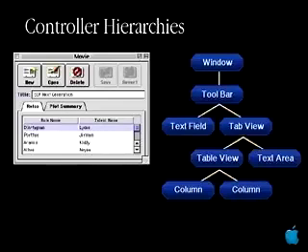If you take a look at this window here, you see that there's a toolbar in there. It has a text field and a tab view with two views in it. And so the root controller for a window like this would be a window controller. Right? And then inside this window, we have a toolbar controller. So the toolbar controller is a sub-controller of the window controller. And then inside there, we have a text field and a tab view.